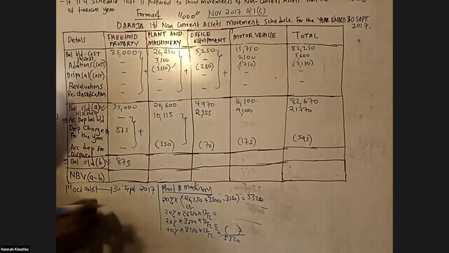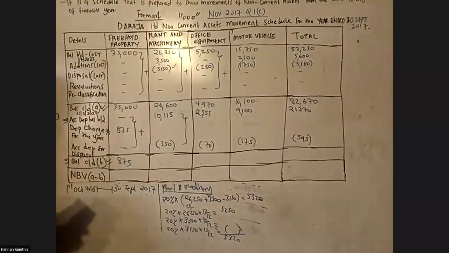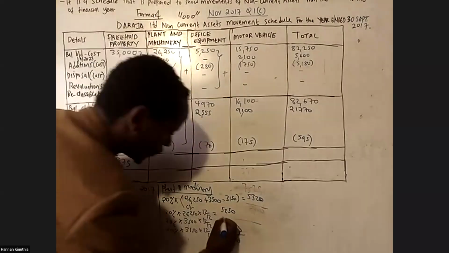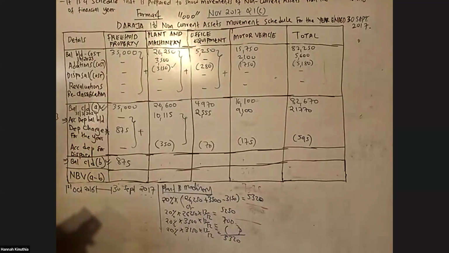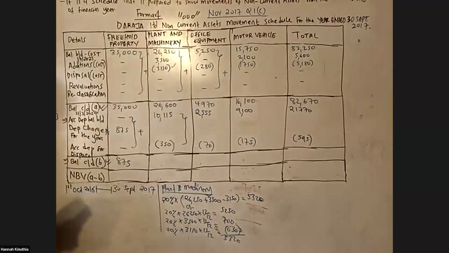26 50, hii ni 52 50. Haya. 700 and then ya mwisho that 150, 630. Okay, less so 5250 plus 700 minus 630. So 5320.